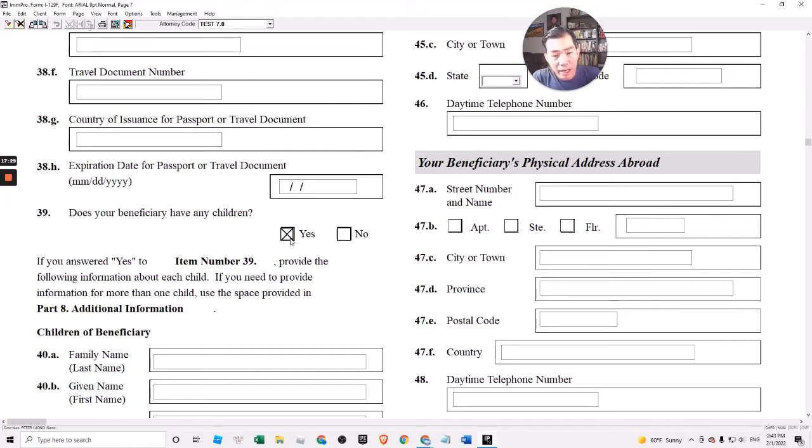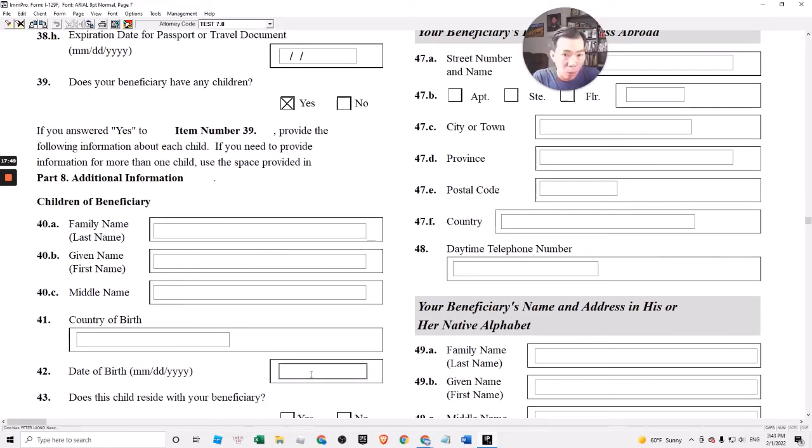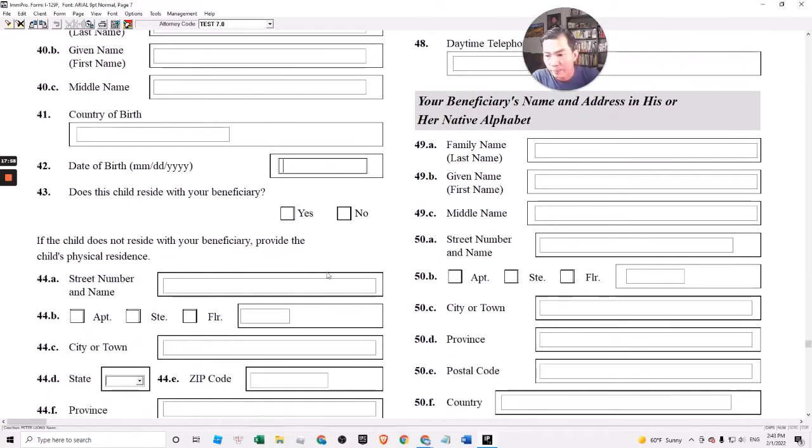If your fiancé has a minor child, he or she can travel with your fiancé to the United States so that they can apply for the green card together with the mom or the dad. So you can fill out the information of your fiancé's children here: last name, first name, country of birth, and date of birth. Very important, because if the child is a minor, he or she can travel with your fiancé to the US.